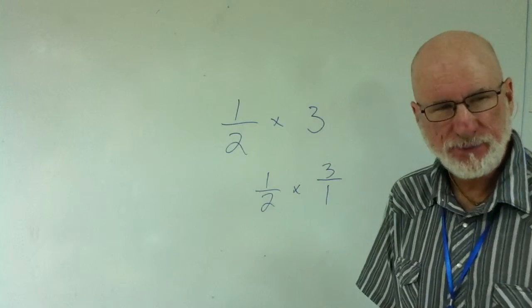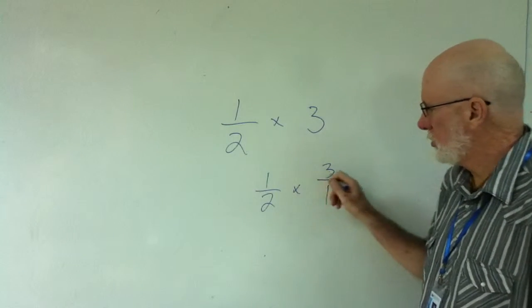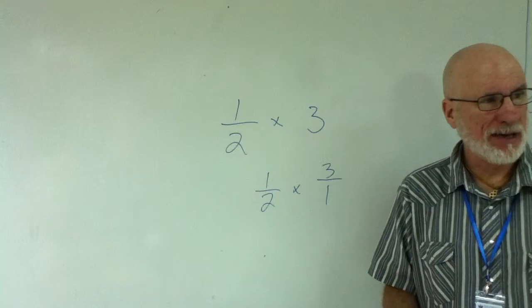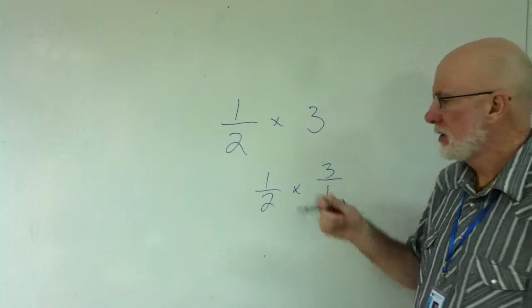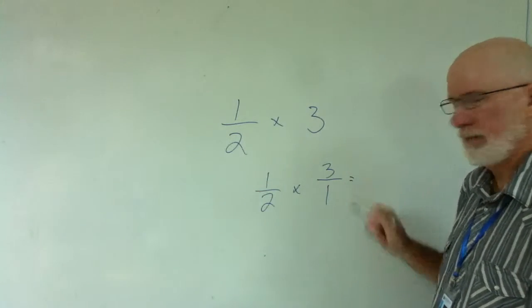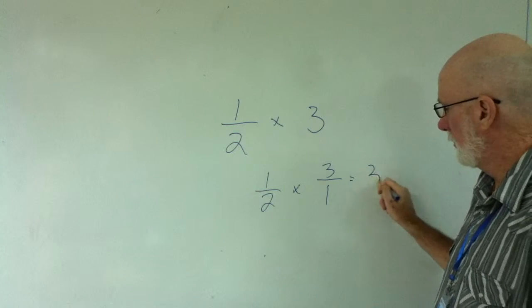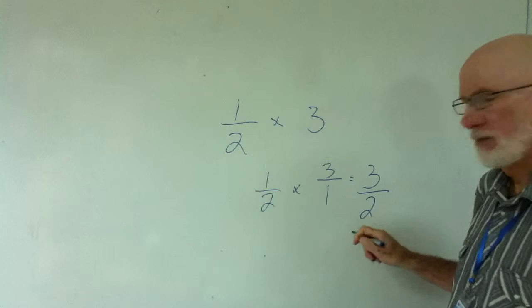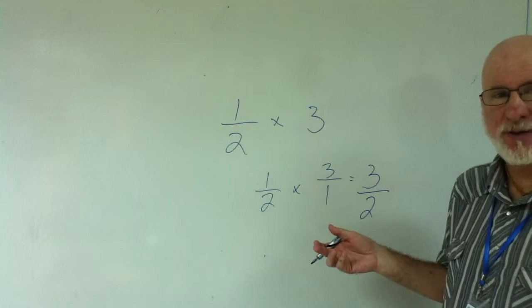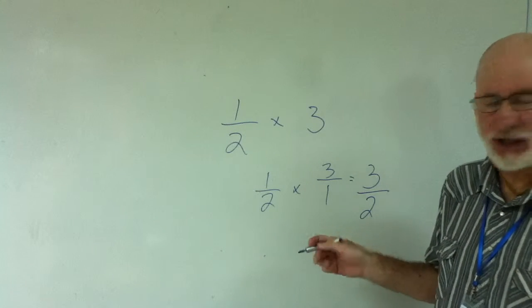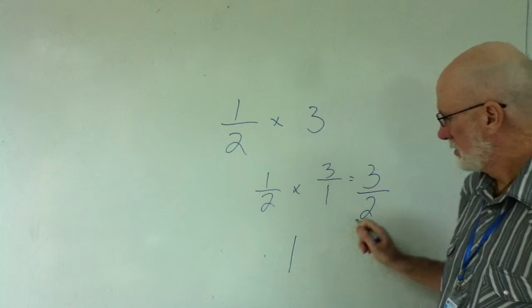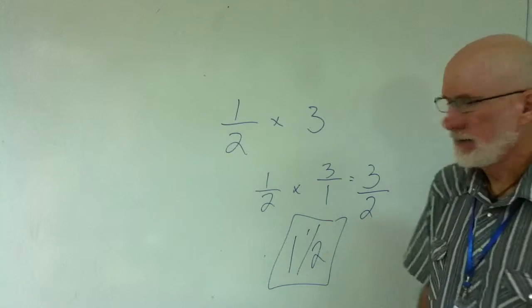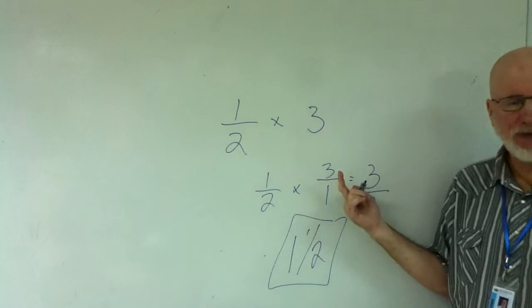So you actually manipulate both numerator and denominator, correct? What is 1 times 3? 3. What does 2 times 1 equal? 2. So 3/2. That's the answer, correct? Put that in mixed fractions: 1 and 1/2. So 1/2 times 3.